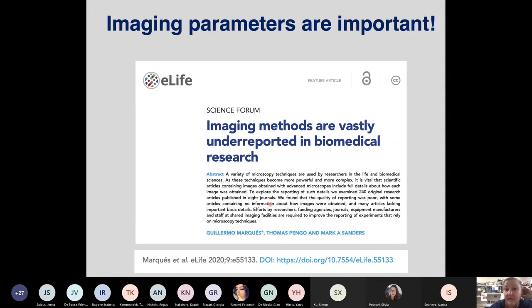So in a few years, I doubt very much it will be sufficient to say, oh, we did fluorescence microscopy. You will have to specify which lens you used, which immersion fluid, and all kinds of parameters. So make sure that you note that down now, so that you don't get caught out whenever you want to publish in eLife, for example, in 2 years.